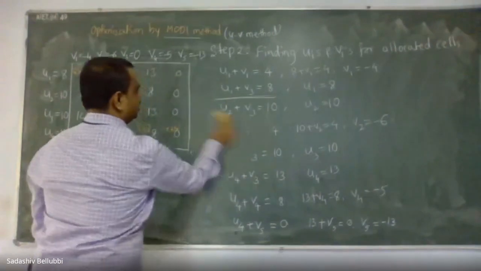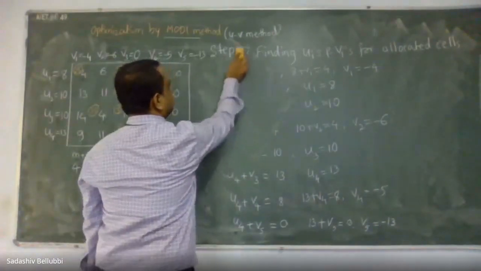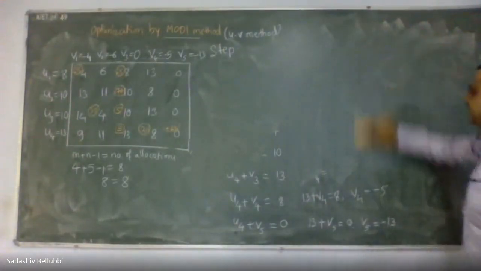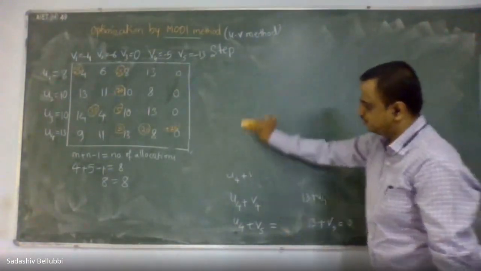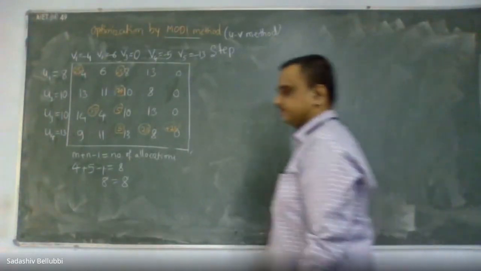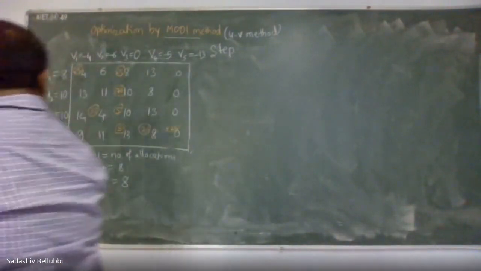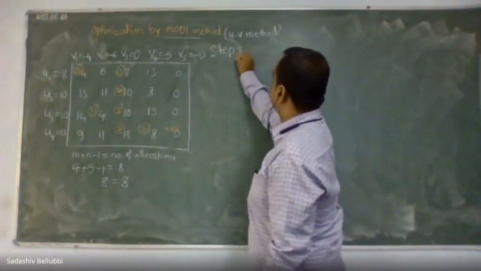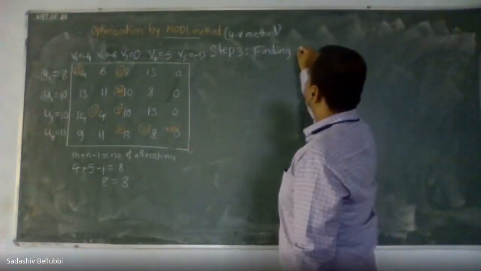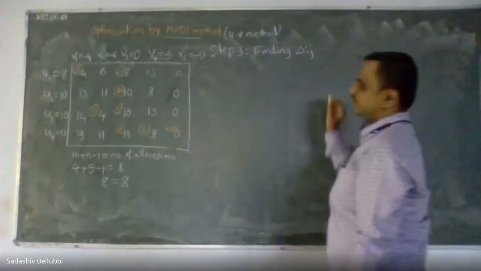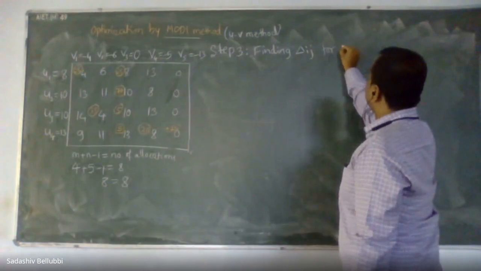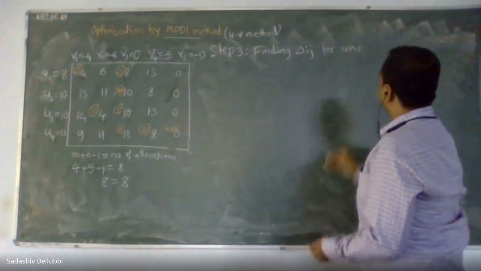Once we find all the ui's and vj's, the next step is to find delta ij for unallocated cells. Step number 3 is finding delta ij for unallocated cells.